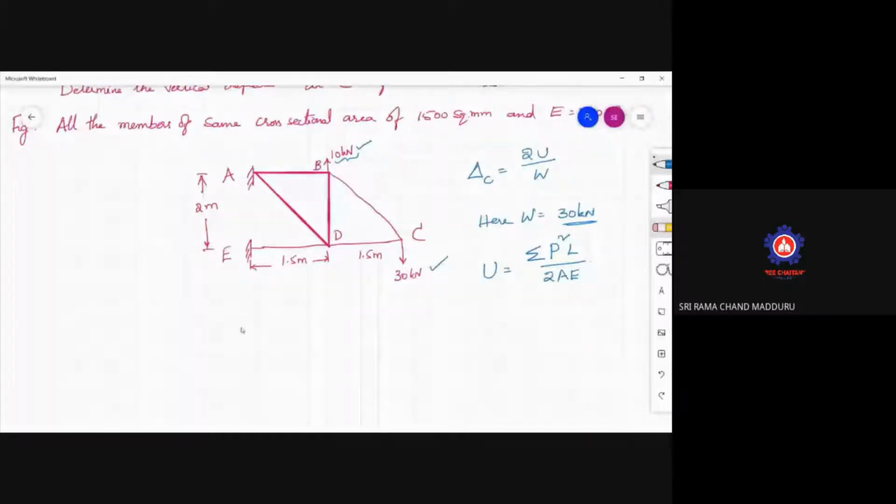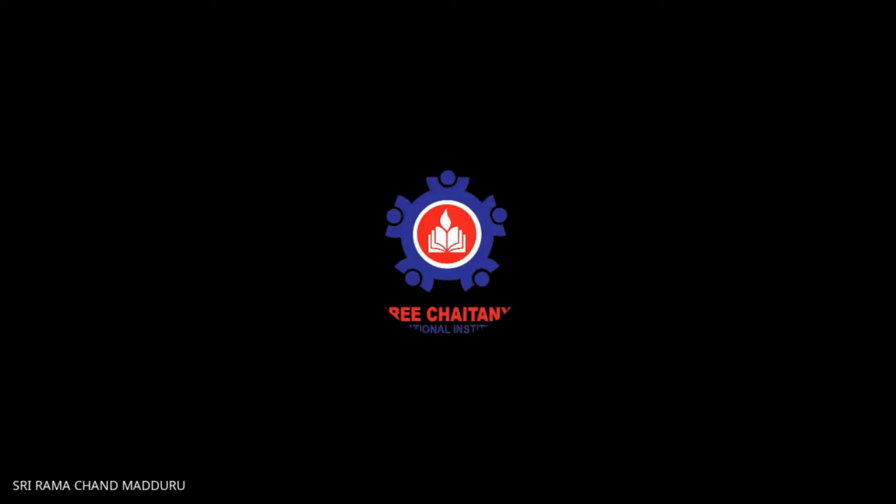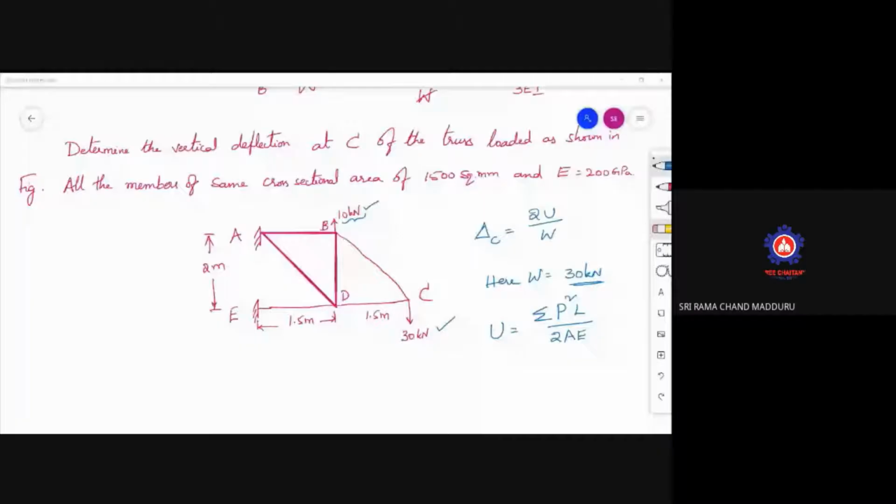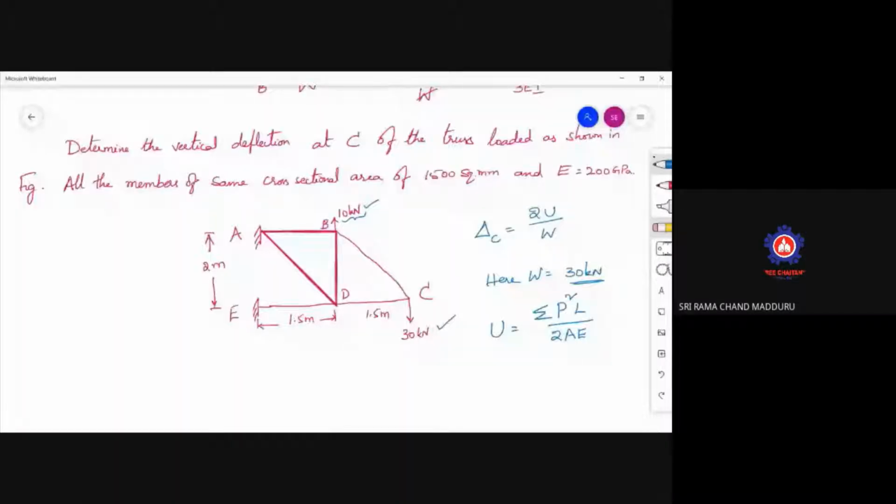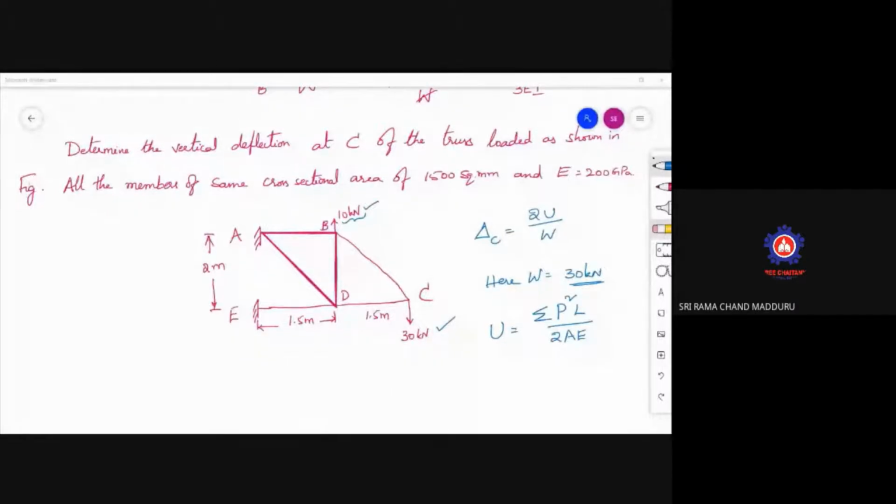Try to solve this one, all of you. The idea is to get the forces in each member. Using the method of joints, go joint by joint, and at each joint calculate the force in the members.